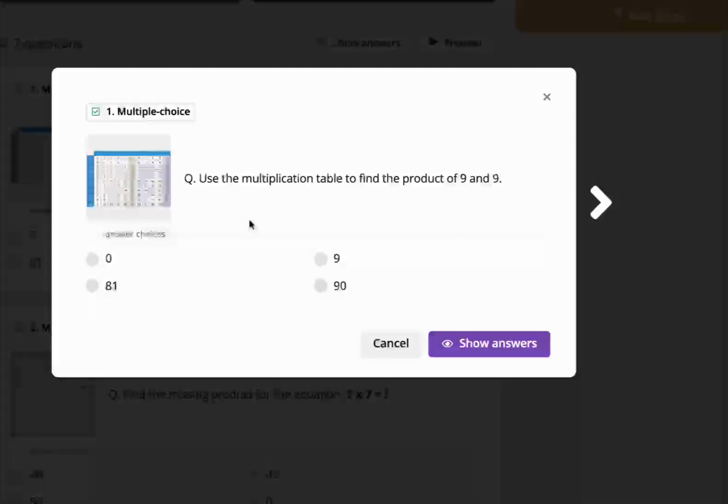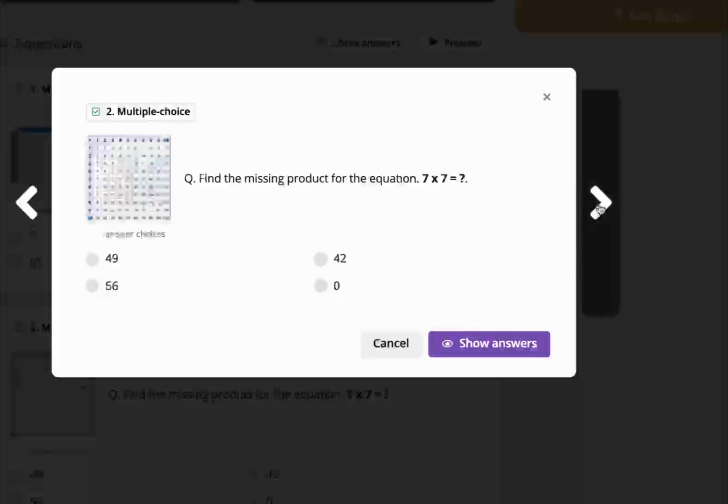We will come to the row for 9 and the column for 9. Then where do they meet? 81. Thank you, Muhammad. Great work. Okay, the next question.